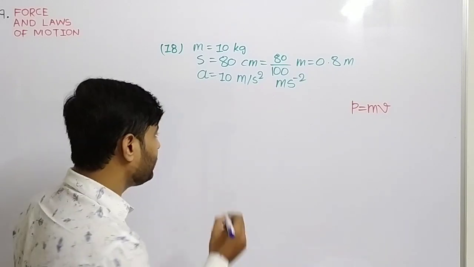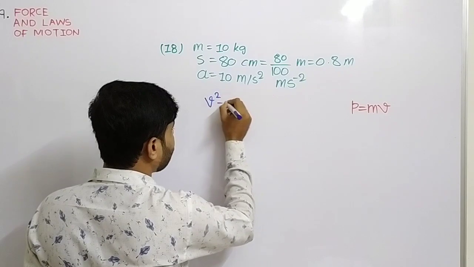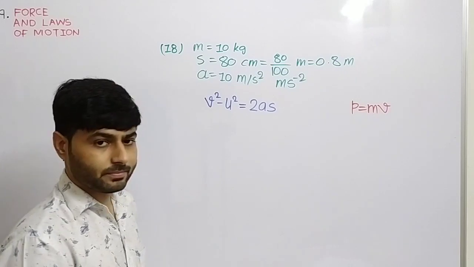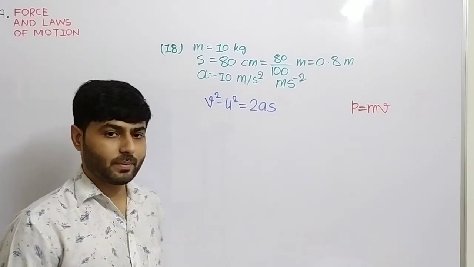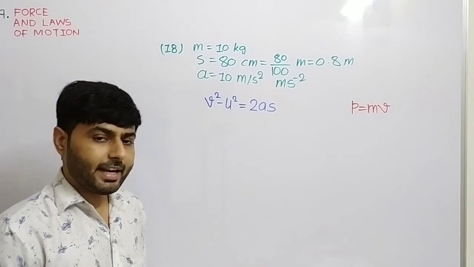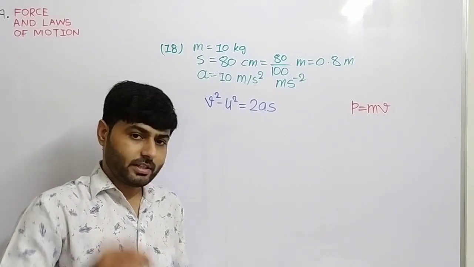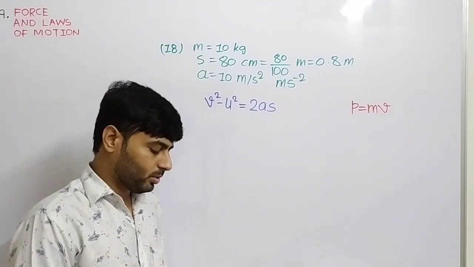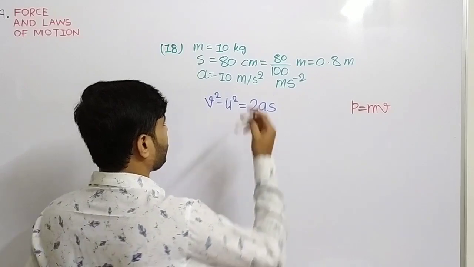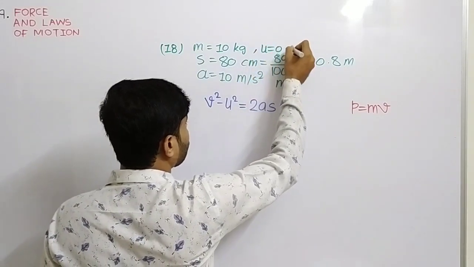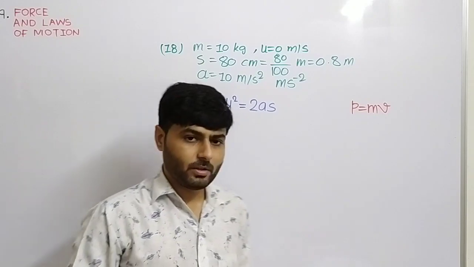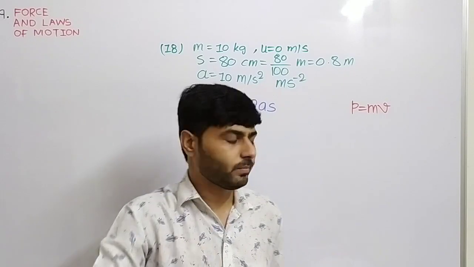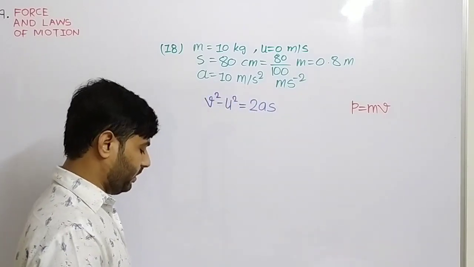We have one formula: v square minus u square is equal to 2as. At the starting position, this dumbbell is at rest, or say zero velocity. So I have to write here u is equal to 0 meter per second, because when we are holding this dumbbell at a certain height, it has velocity 0.